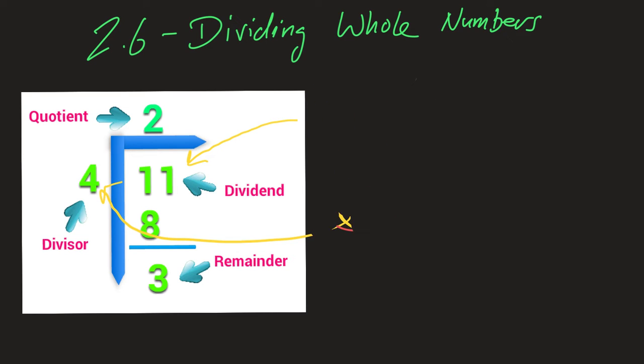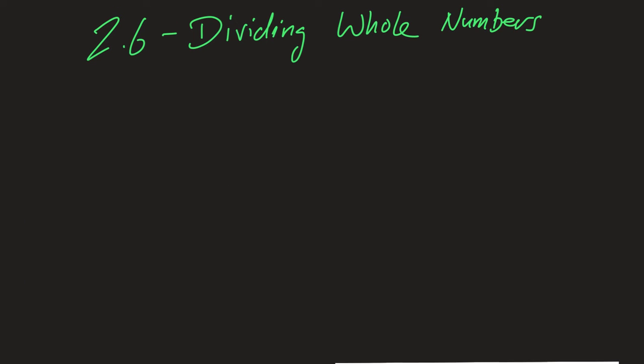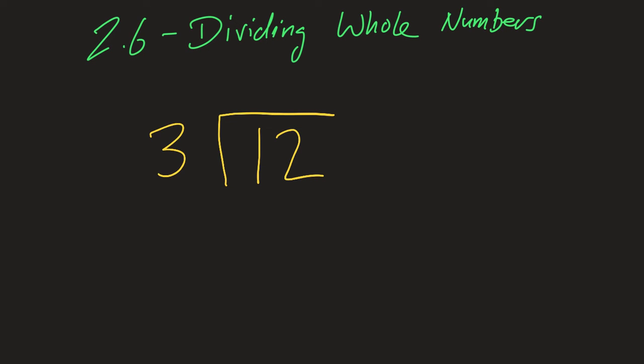All right, so long division. Let's not use 11 and 4. Let's do something like 12 divided by 3. Notice how I wrote it sort of backwards. I said 12 divided by 3, but then I wrote everything to the left.